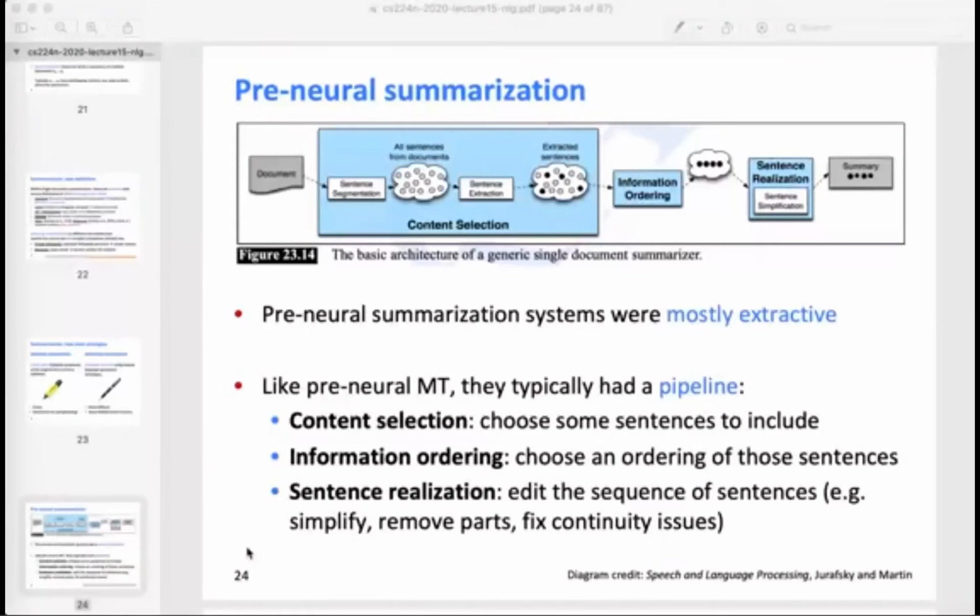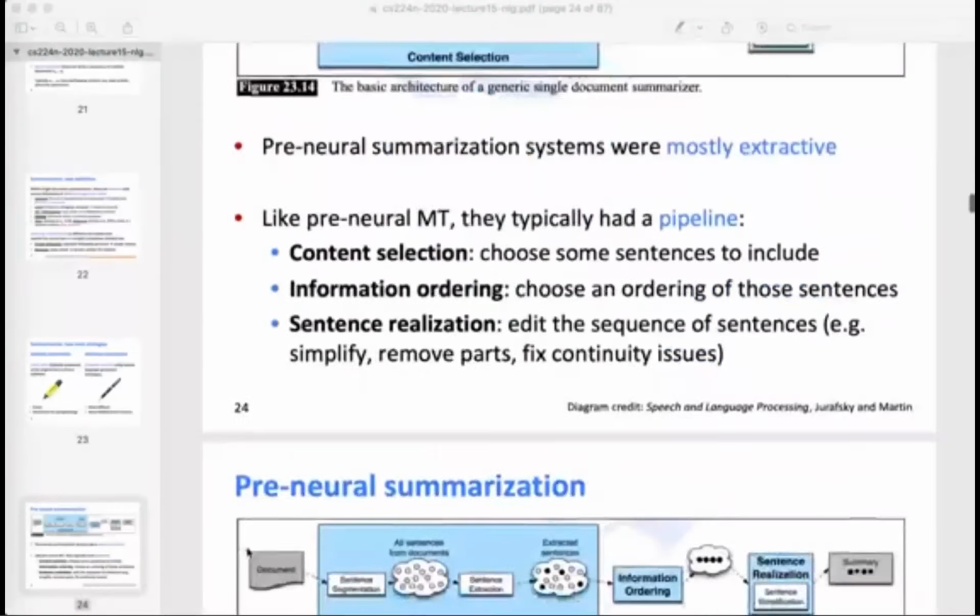And also, for example, if the sentence at the beginning of the whole summary refers to someone as "she", you would probably want to change that because you didn't even mention her name first. So you have all those things that you need to change in the third phase, which is sentence realization.